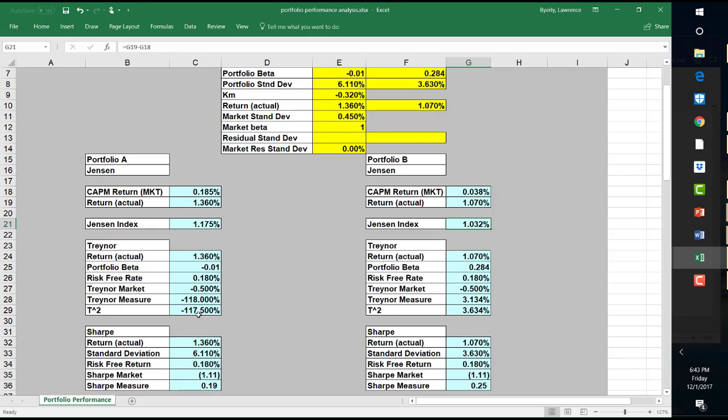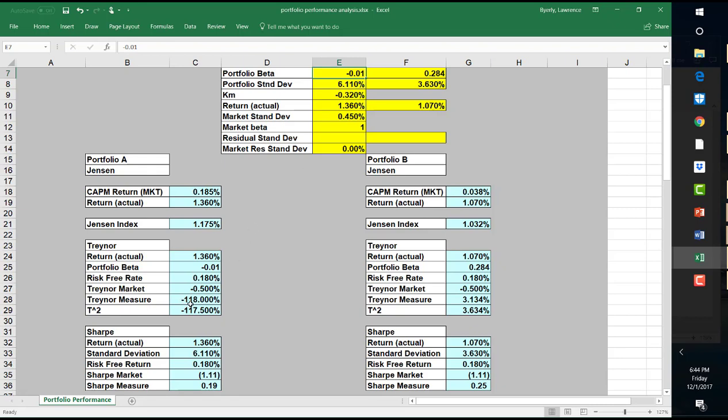What about the Treynor index? Look at the Treynor measure. The Treynor measurement for the market is negative 0.5. Again, this just comes from the fact that in this case, the portfolio beta is negative. That is a challenge for us in the end, and also the actual rate of return for this market is negative.